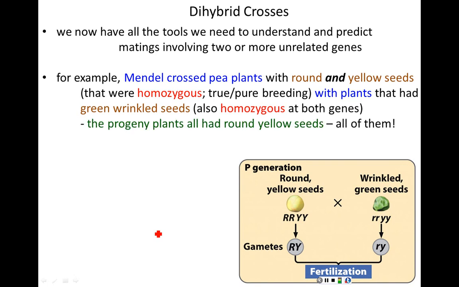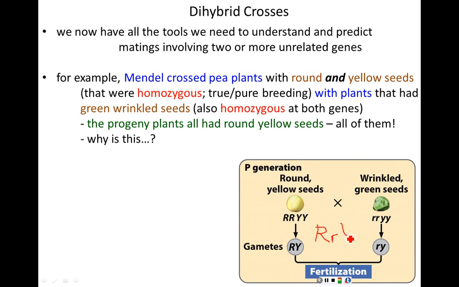We don't need to really do any math yet, right? If we see this, we can predict what the F1 is going to be. The F1 is going to be 100% round and yellow, and the F1 is going to be completely heterozygotic. This parent has nothing to contribute but a big R allele, and this parent has nothing to contribute but a little r allele. So that's going to be the only possible genotype in the F1 for seed shape.